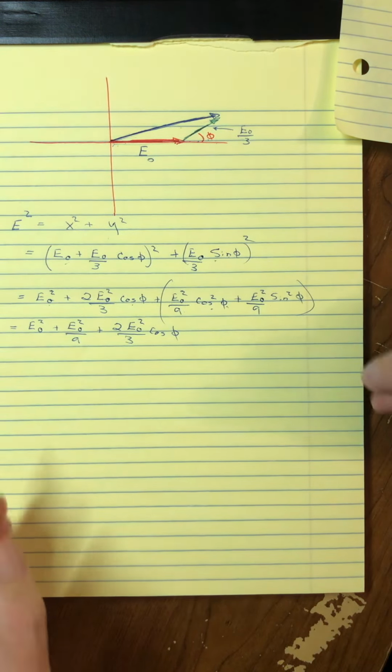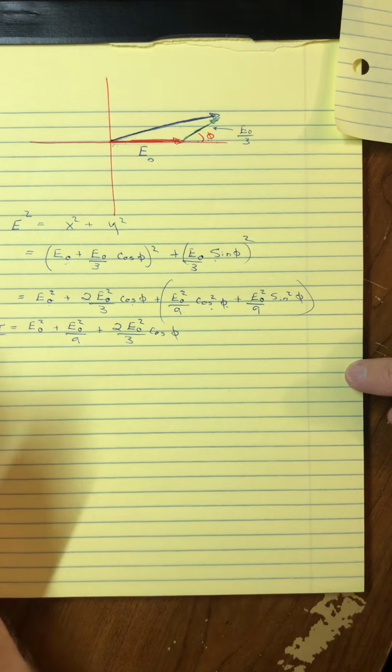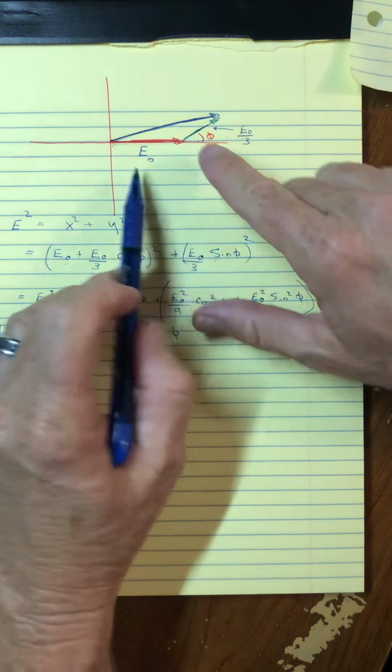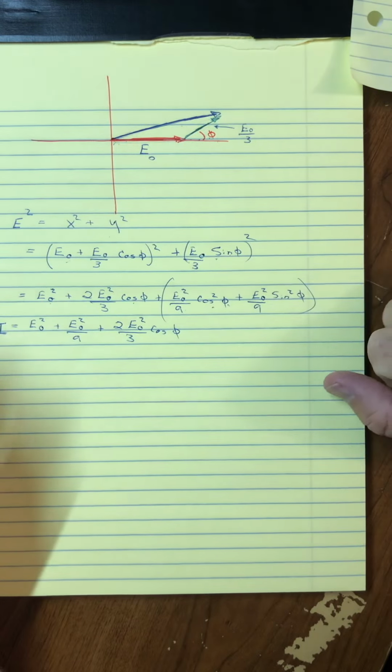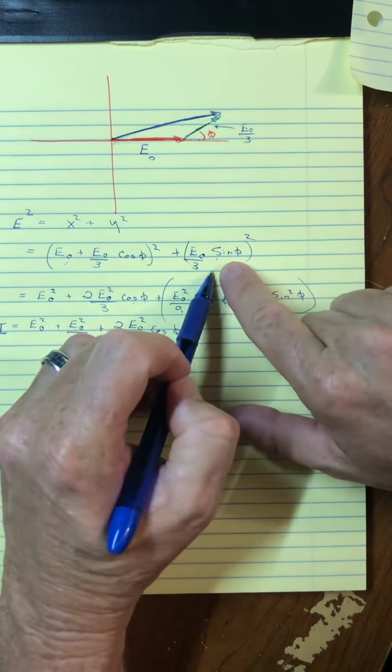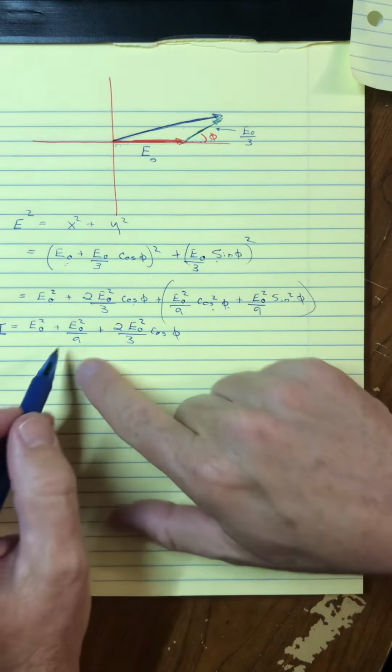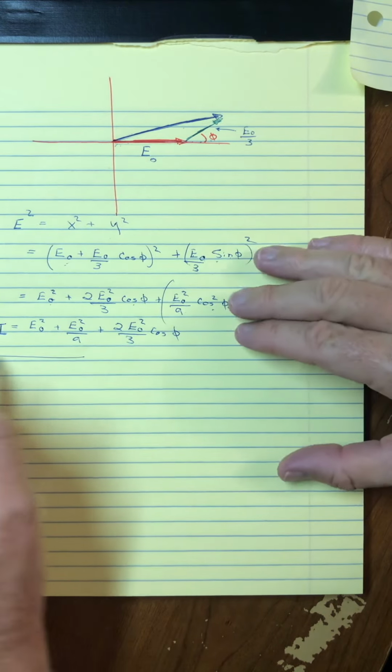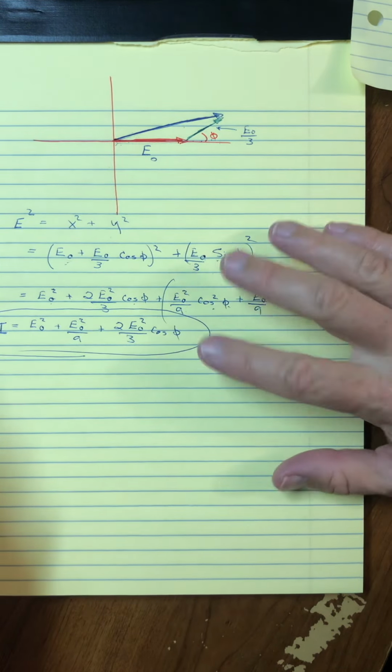So that's how I would get the intensity if I knew phasors. Notice, all I did was draw a picture and then look at the x component, look at the y component, use Pythagorean's theorem, and now I got the intensity. There is the square of it.